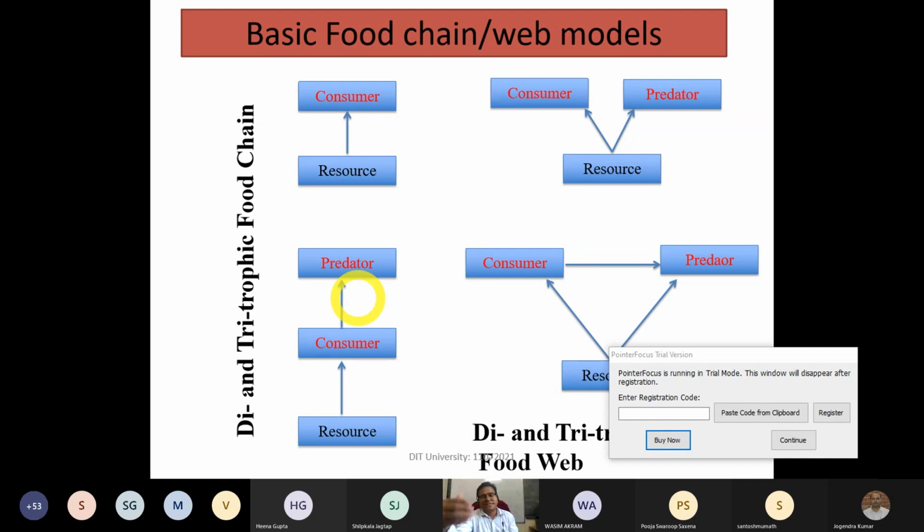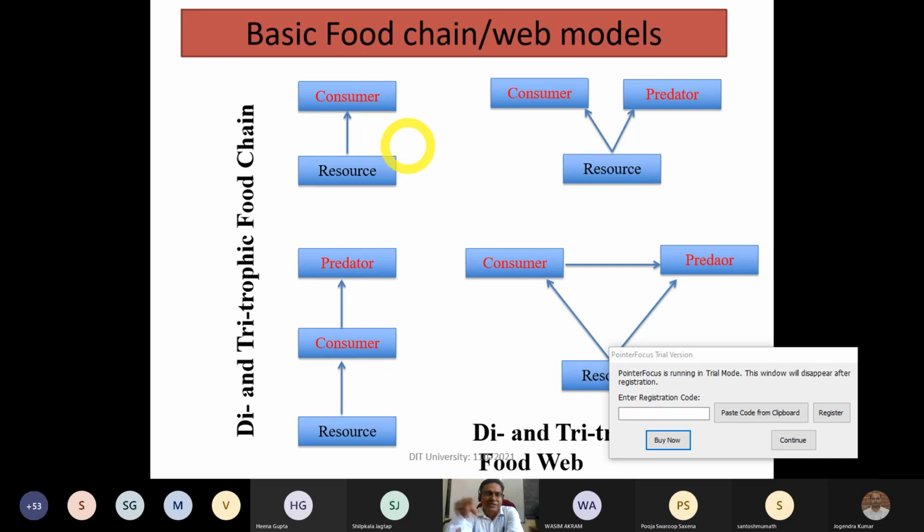So these are the very simple ditrophic and tritrophic food chains, and you will be amazed that the dynamics of these things, this resource and consumer, might be a point of stability or might be oscillations.